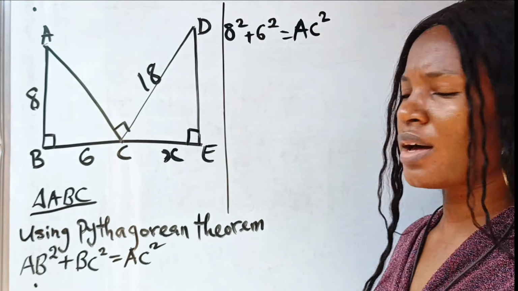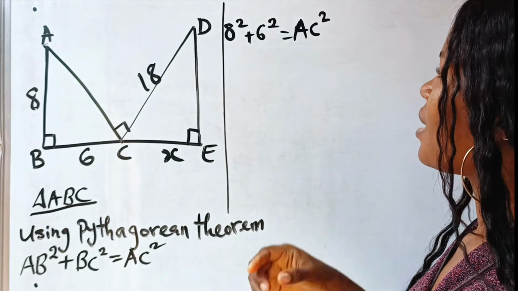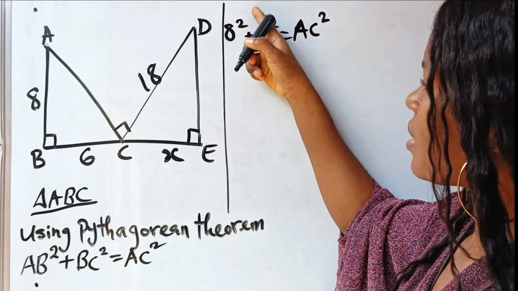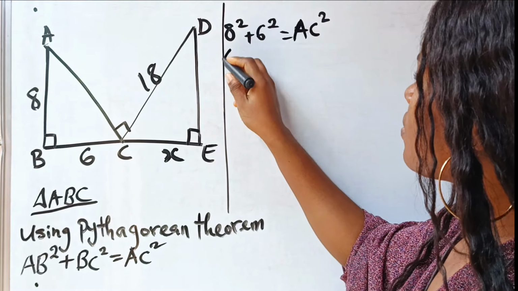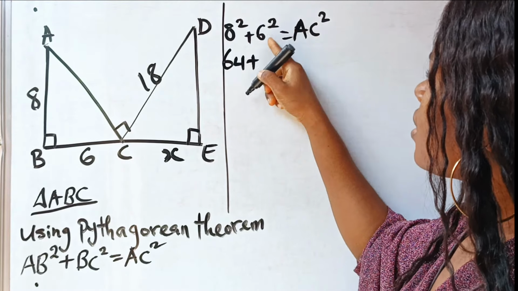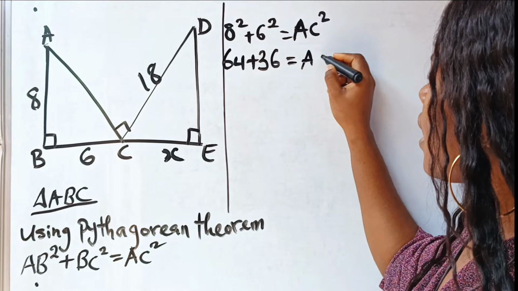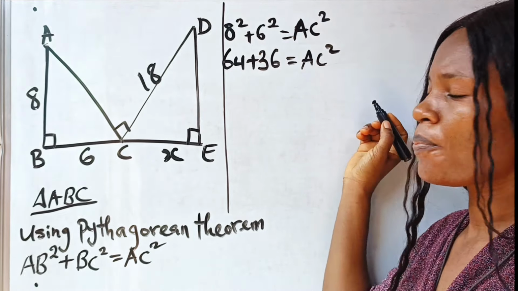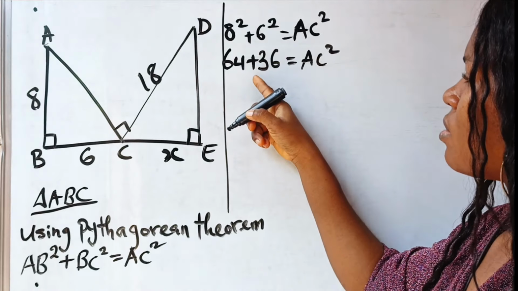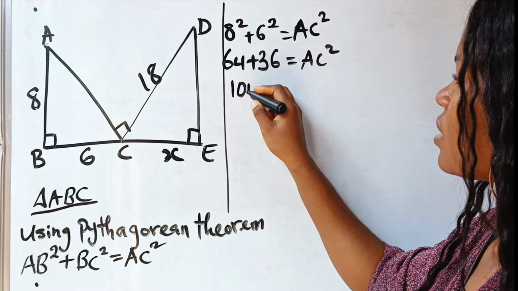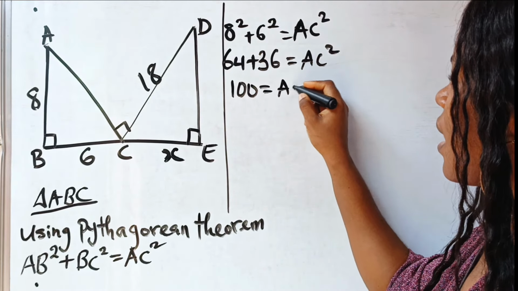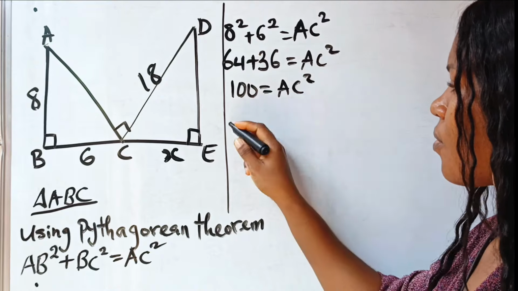Now, when you look at this, you are going to notice something. 8 squared will give us 64. 6 squared will give us 36. 64 plus 36 is 100, which is equal to AC squared.